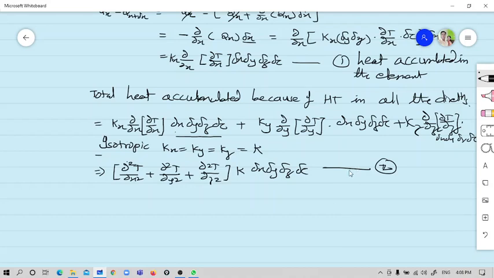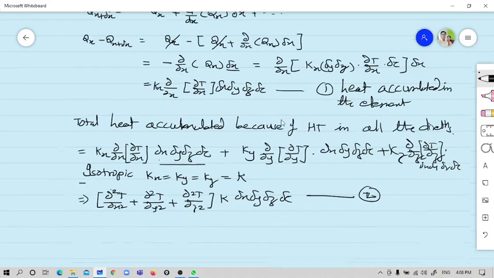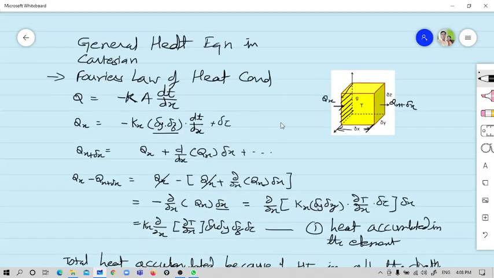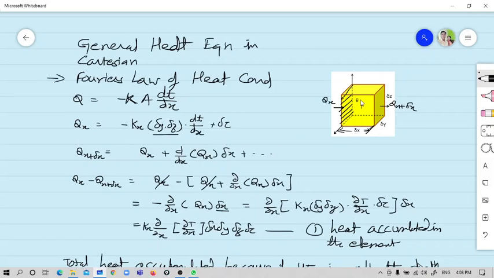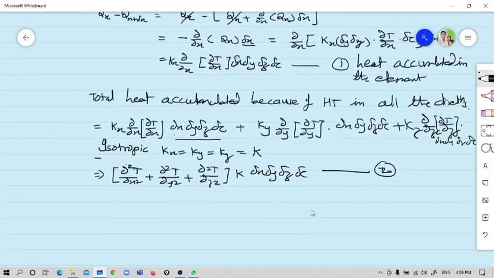Because there are some materials, some high atomic number materials, which have the capability of heat generation, or sometimes there is a heater in some applications, or electricity flowing through a metal rod. In such applications, some heat is generated within the element also. So in this volume some heat will be generated, and we have to consider that heat also.